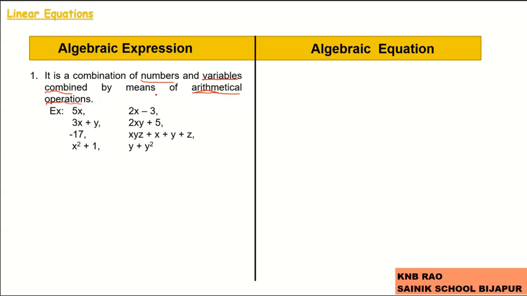Which are the arithmetical operations? You know, addition, shown with the plus sign. So, here 3x is connected to y with the plus sign. Subtraction, symbolised as minus: here 2x and 3 are connected with the minus sign, in the sense of subtraction.